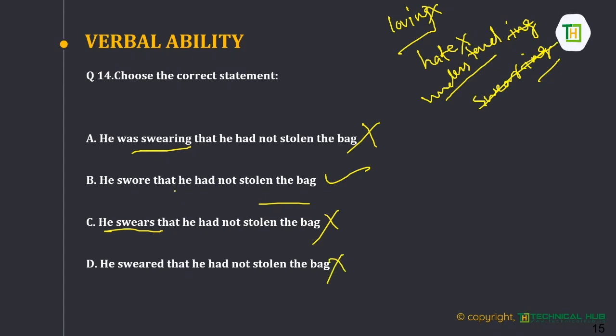Right. So option B. Let us see. This is simple past. And this is he had not stolen. He had stolen means past perfect. Past perfect. I told you already one day. Okay. The earlier happened action should be in past perfect.